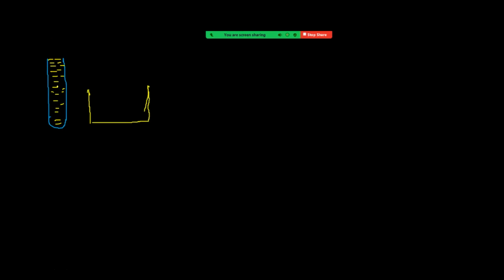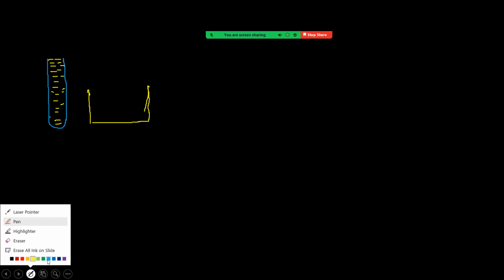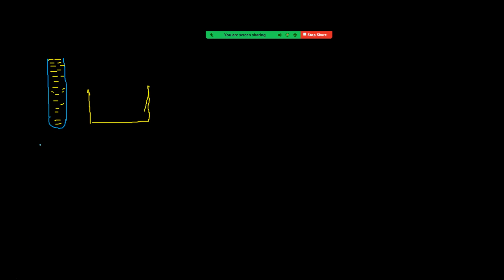Now we are placing this by inverting this into this one. That means it will be now like this. So it is now inverted into the mercury bowl.